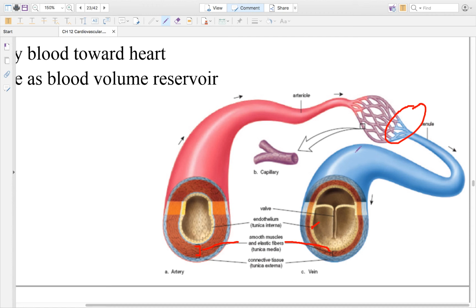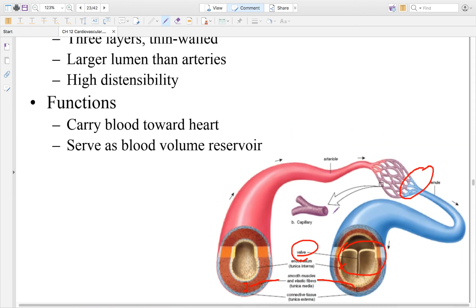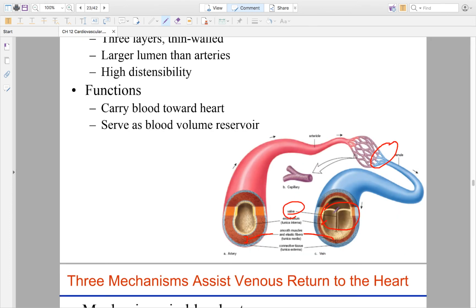They can contract, but they also have a valve. See this valve? It is only in veins. If you were to see a picture of an artery versus a vein, you will immediately recognize a vein because of the valve. And that's incredibly important.